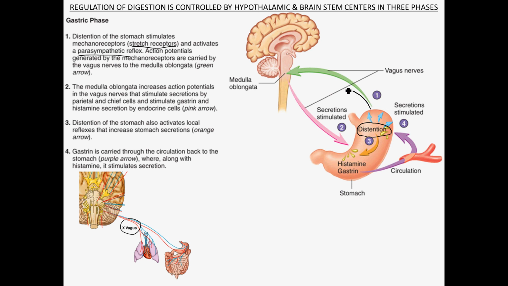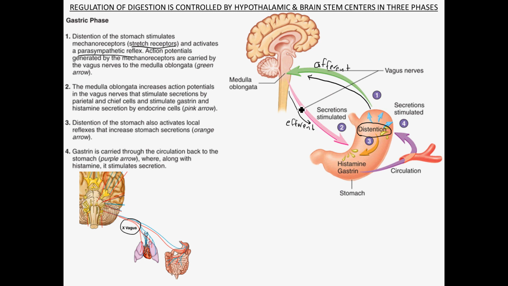So here we have vagus nerves, and again, this is going to be the afferent pathway, and afferent fibers stimulated there to the medulla. Medulla then sends action potentials via the efferent fibers, efferent parasympathetic fibers back here.